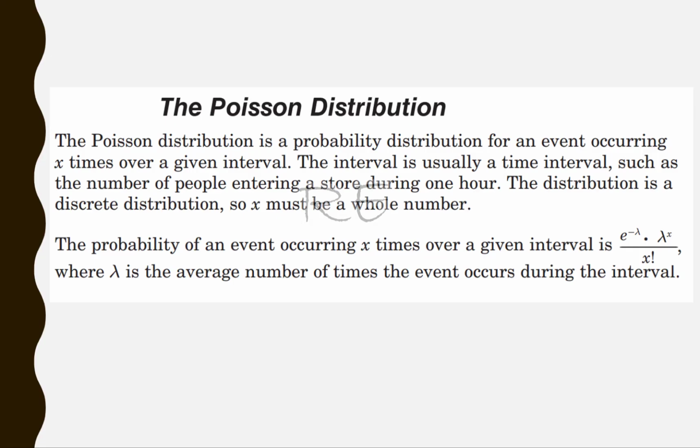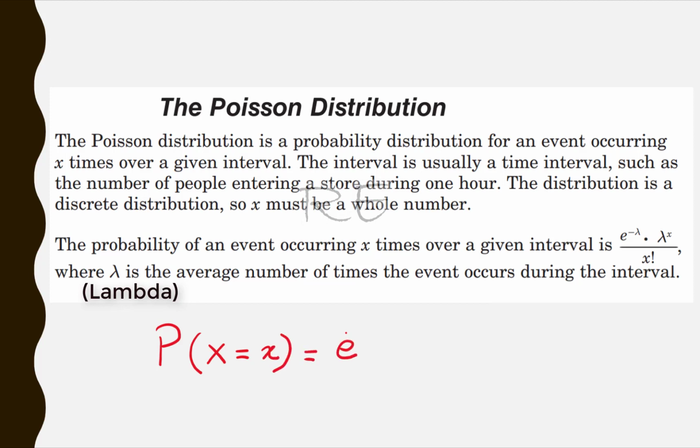The Poisson distribution is a probability distribution for an event occurring x times over a given interval. The probability of that event occurring x times over a given interval is given by the formula e to the negative lambda multiplied by lambda to the x divided by x factorial.